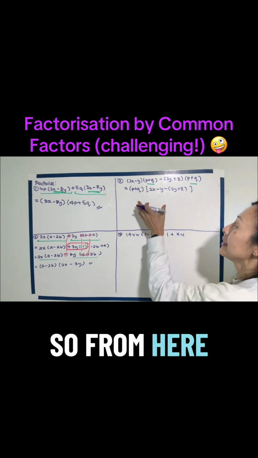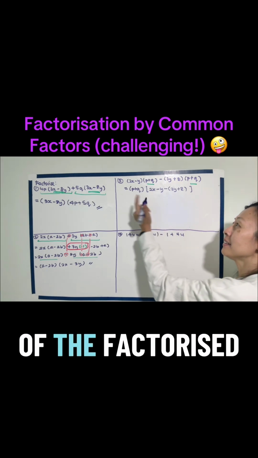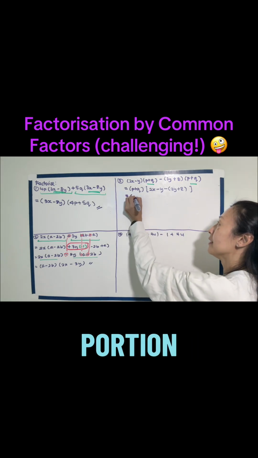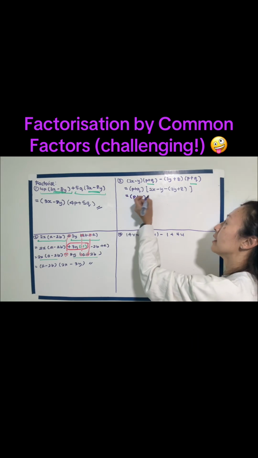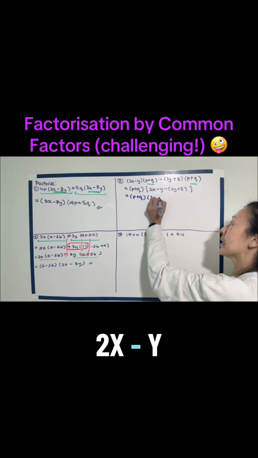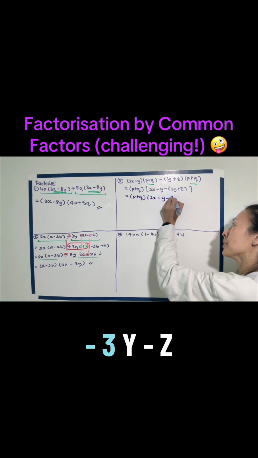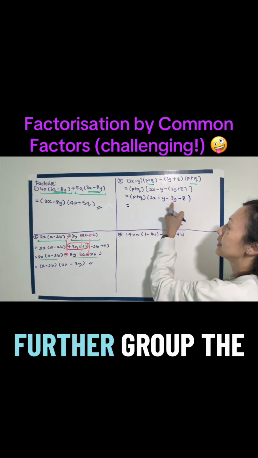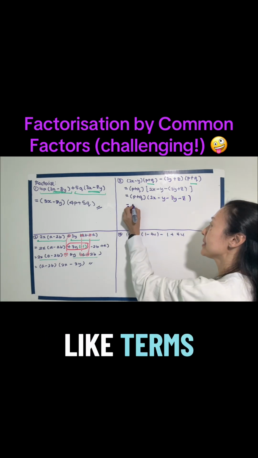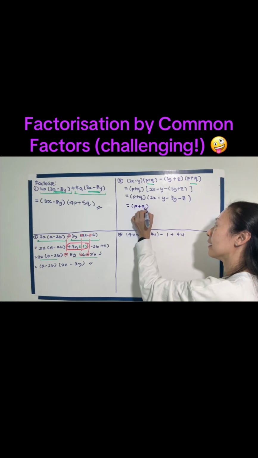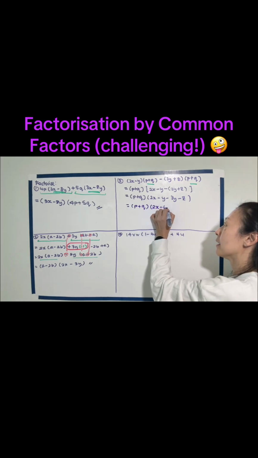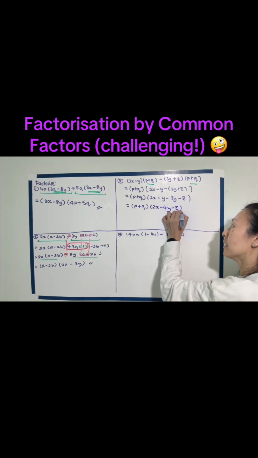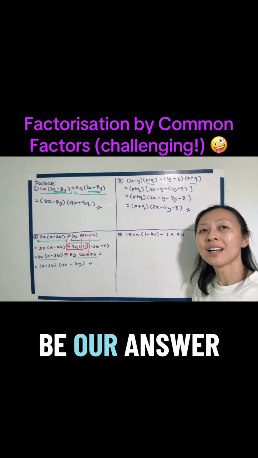So from here, let's tidy up the second part of the factorized portion. We have 2x minus y minus 3y minus z. Further group the like terms. So this will be our answer.